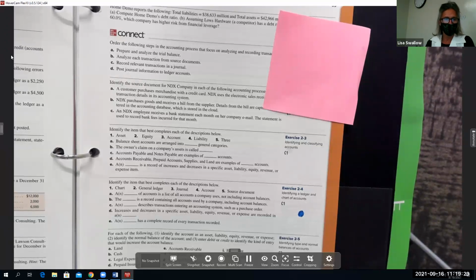Okay. Number 3. Identify the item. Balance sheet accounts are arranged into what? Number 1, a what of accounts is a list of all accounts a company uses, not including balances.